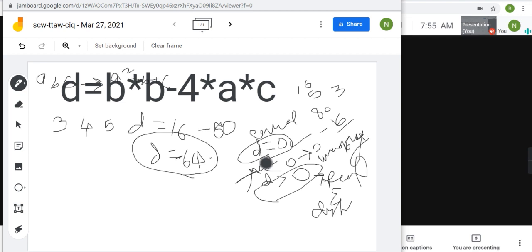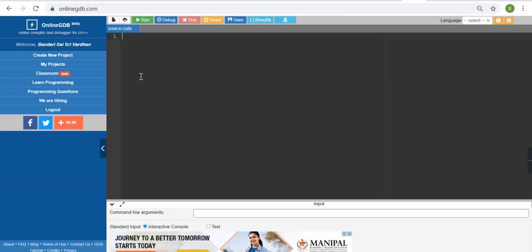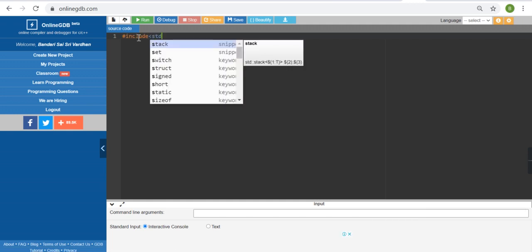So now we are implementing the same thing in the programming part. How to implement the same in the programming part? First of all, we all know the first thing, the link section: #include <stdio.h> is the link section.